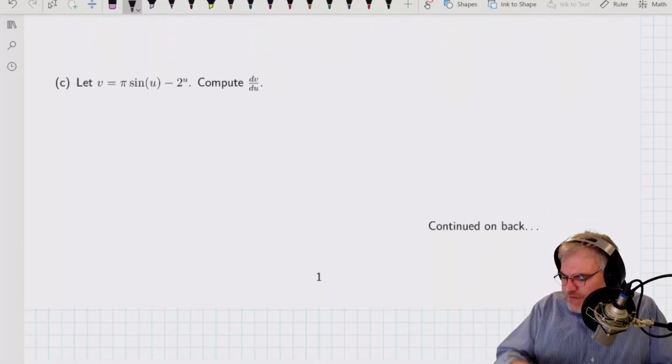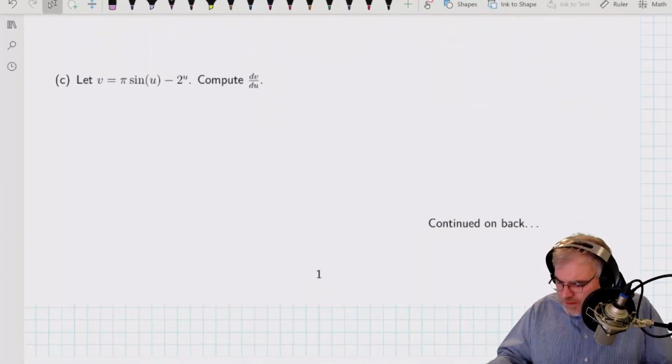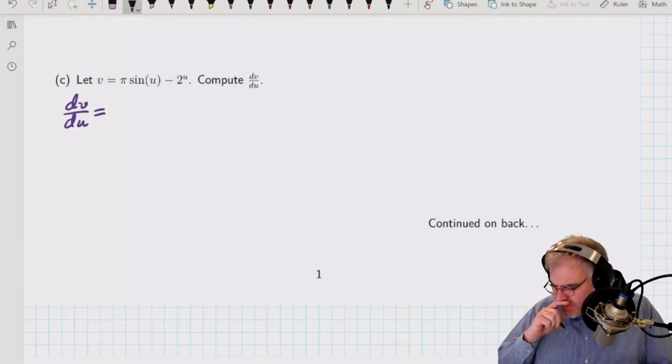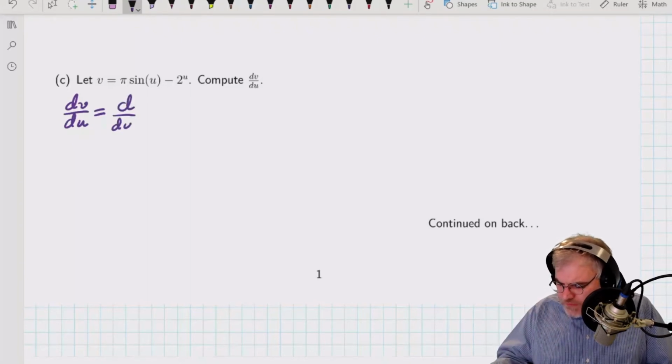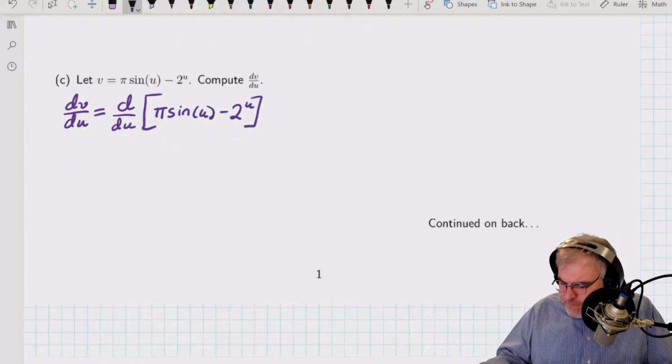Moving on here to C. So dv du equals the derivative with respect to u. Notice there's no v here. Pi sine u minus 2 to the u. I am going to break this one up.